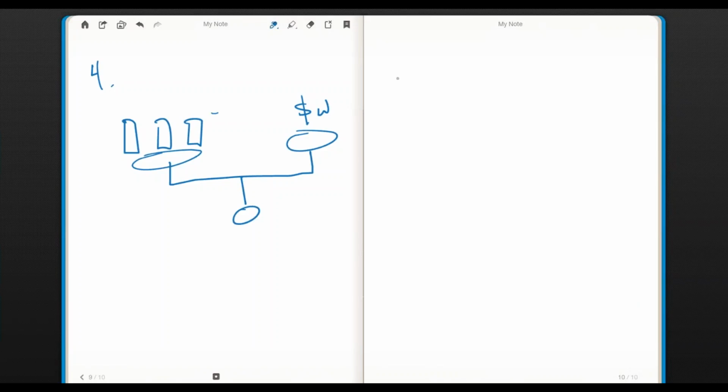Well, this is 3. If 3 bottles is equal to W dollars, then if I did it again and again and again, that's 12 bottles.